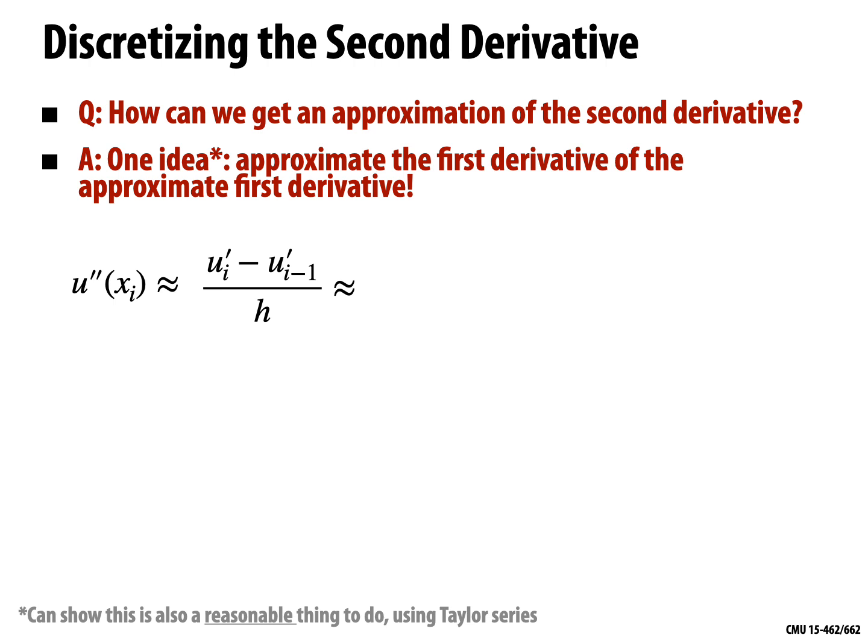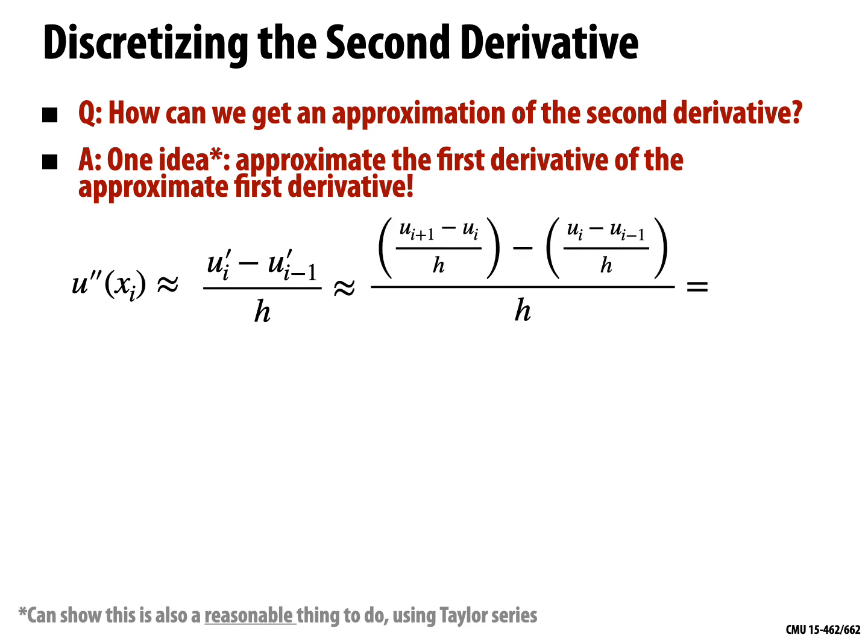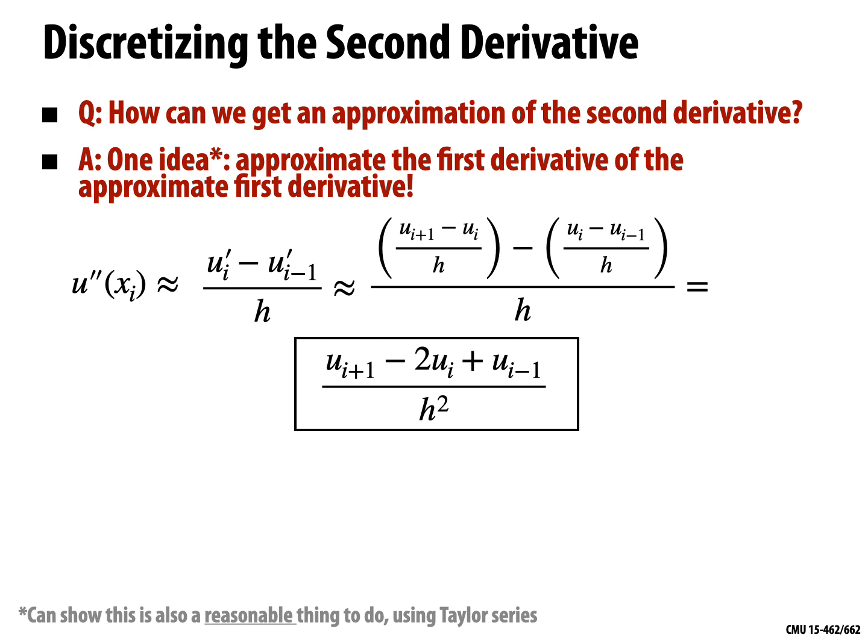And if I then approximate each of those terms in the numerator by my differences, then I get ui plus 1 minus ui over h minus ui minus 1 over h all over h. Okay, and if I simplify that a little bit, I get an approximation that says the second derivative at xi is roughly, well, the sum of the values to my left and to my right minus twice my value divided by h squared.